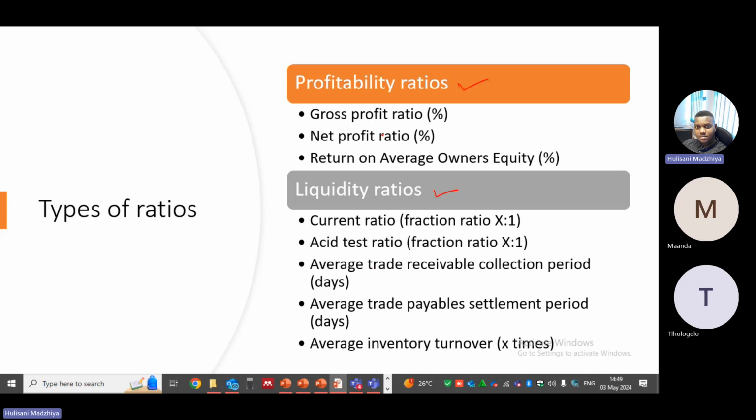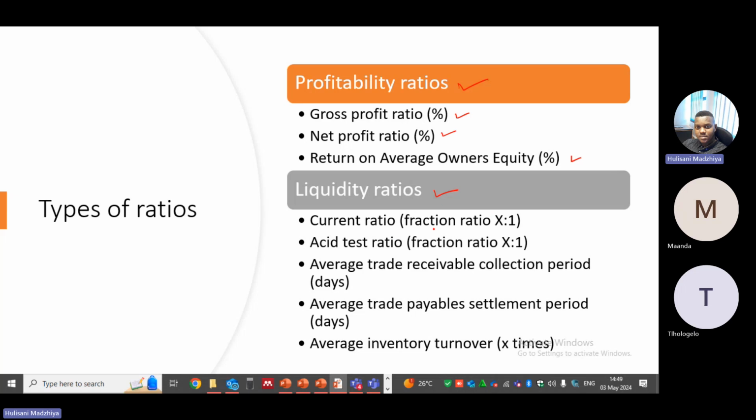Today we're going to be focusing on the profitability ratios, starting with the gross profit ratio, which is measured in percentage. The net profit ratio and the return on average owner's equity are also measured in percentage. On this other side, they are not measured in percentage but as a fraction or ratio.